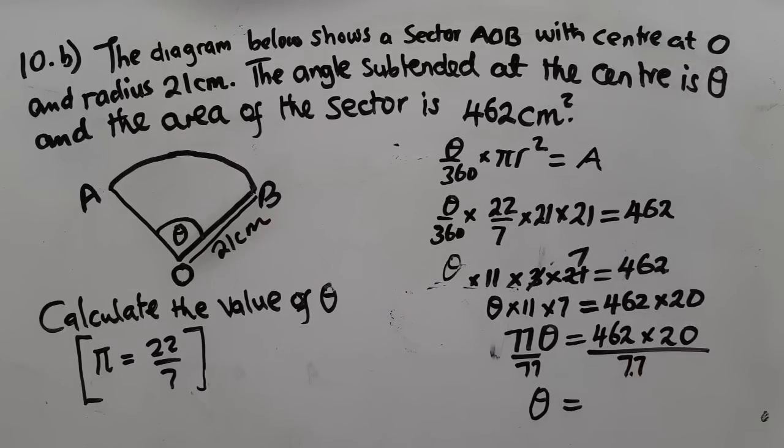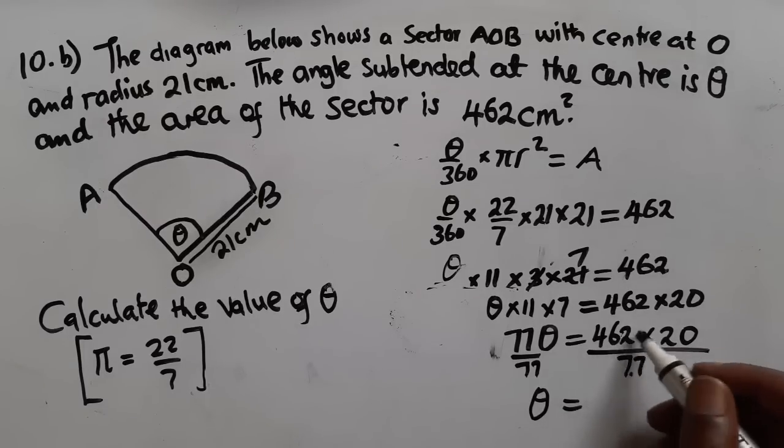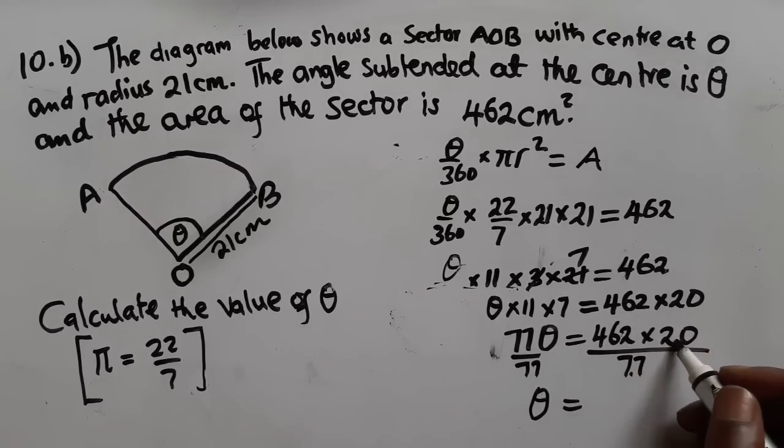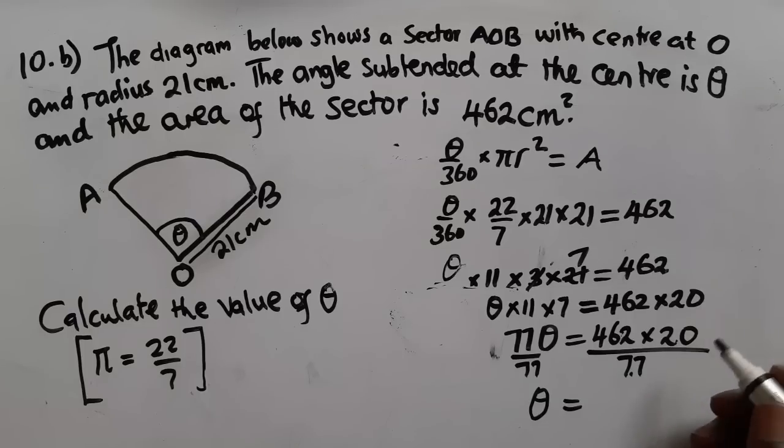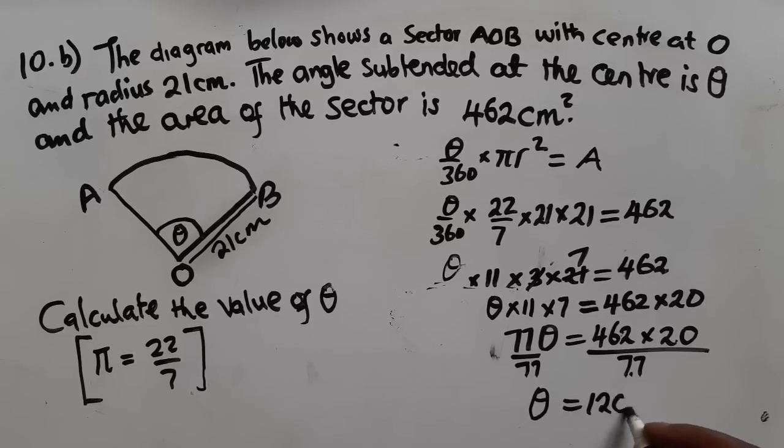How many times? We are going to get 6, isn't it? 77 into 462 goes 6 times. So 6 multiplied by 20, what do we get? We are going to get 120 degrees as the value of our theta. Are we there?